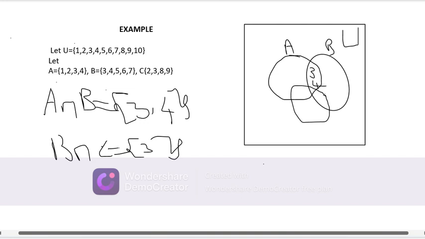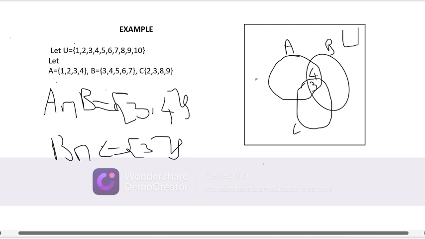Which element is found in all the sets? It's 3, so 3 is supposed to be here, even in C. What else? 4 is only in A and B, so we put 4 in A and B.